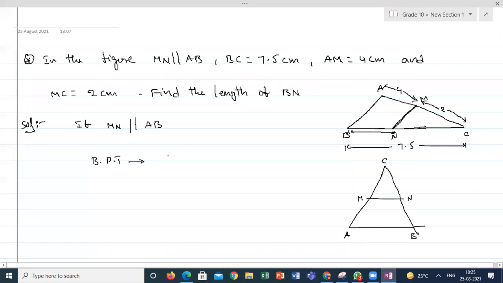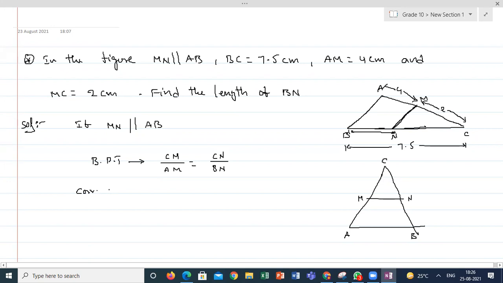When MN is parallel to AB, CM by AC is equal to... no, CM by AM will be equal to CN by BN. This is the basic proportionality theorem, correct? Am I right?